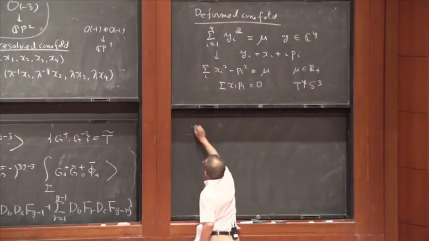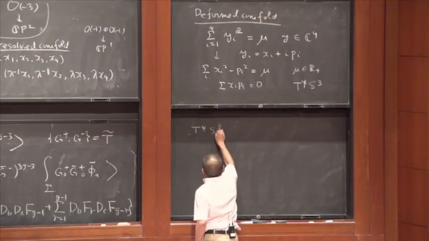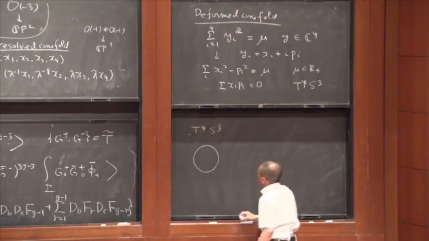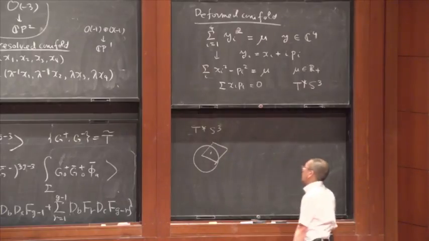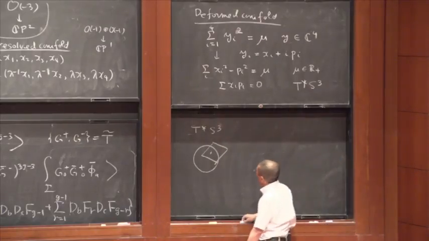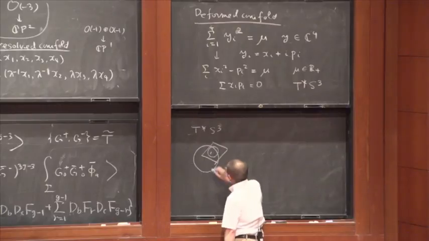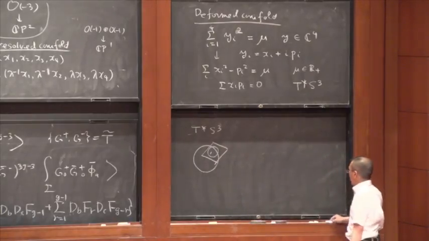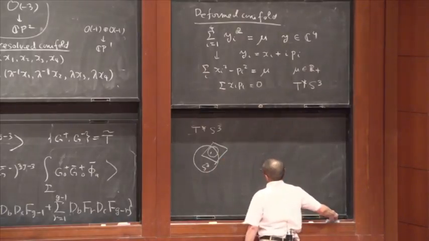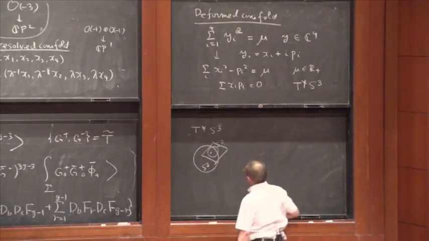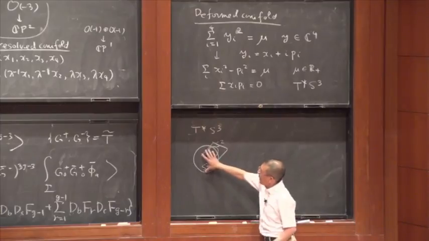If you have T star of S3, you can think of it as a 3-sphere, and at each point you have a cotangent space to it. And in that cotangent space, you can consider two spheres that surround the origin. So you have S3, and then you have some kind of S2 to it. But S3 has a finite radius.